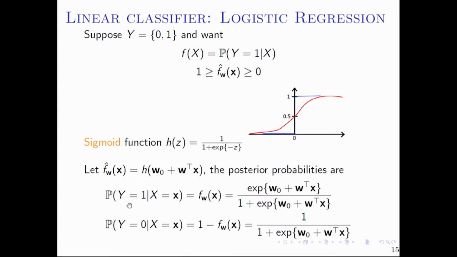This is going to give you the posterior probability of class 1, and with the sigmoid function it looks like this. Similarly, the probability of y equal to 0 given x will be 1 minus f(x), the probability of class 0 is 1 minus the probability of class 1, and therefore it will look like this.